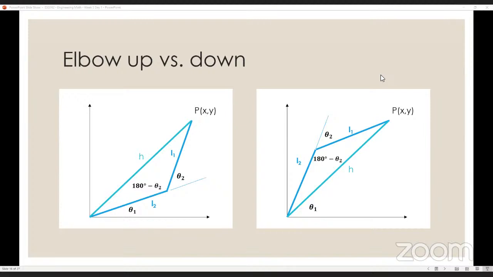You will probably be told whether to use the elbow up or the elbow down configuration when you're doing these problems, because it makes a difference as to which angle you are going to be using where. Make sense?